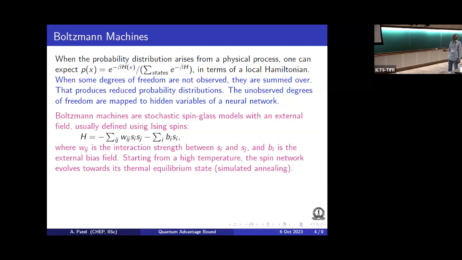And you put both of them together. And what is done in these Ising spin models is, you start from a high temperature system and then gradually drive it down towards the thermal equilibrium state, by a process which is essentially simulated annealing. So you model this Boltzmann machine by this kind of a system and see whether such a model will have any use in explaining your data.